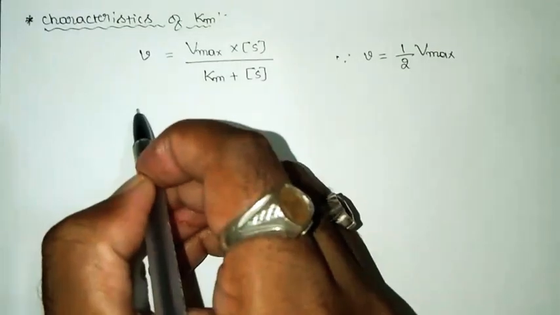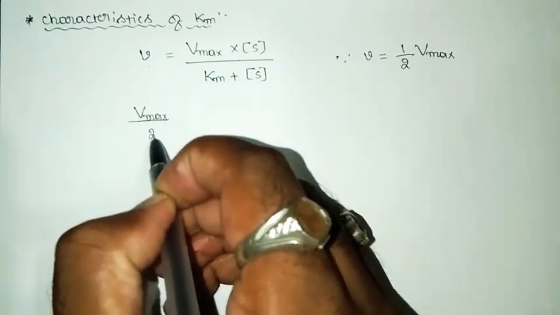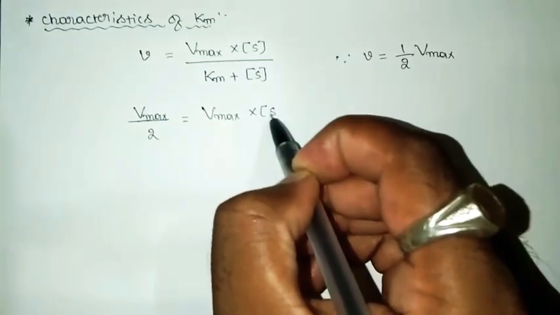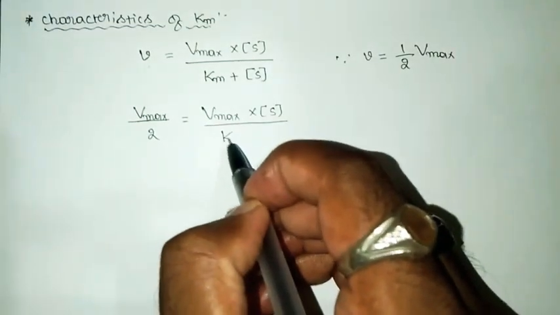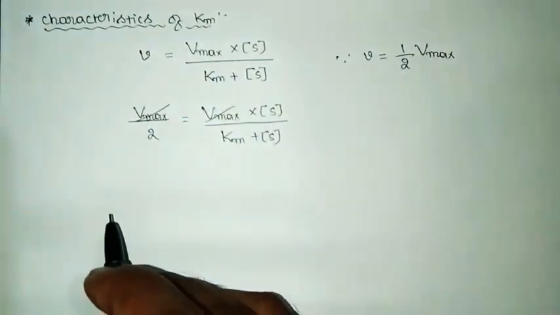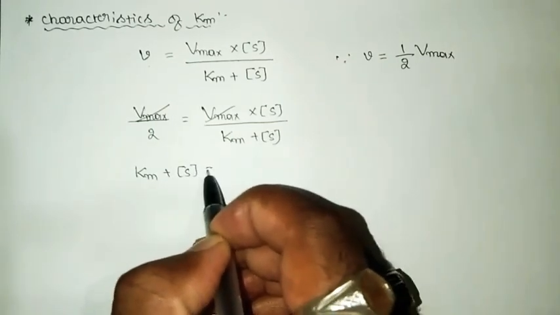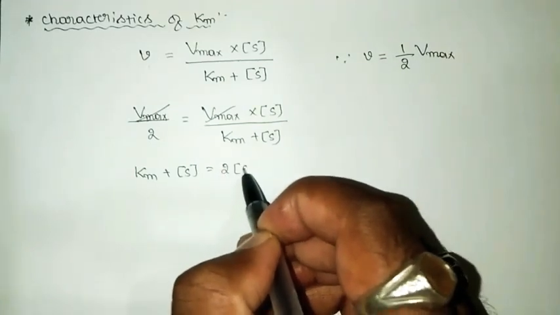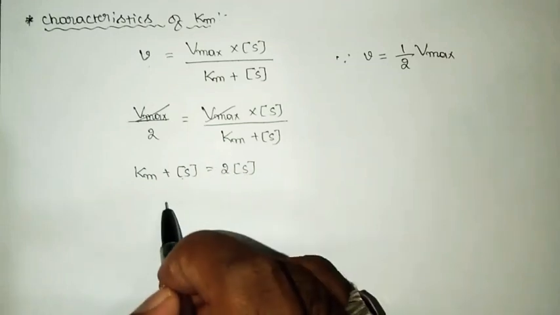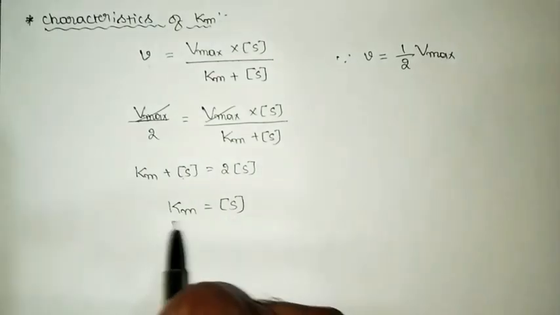So at this condition, v equals Vmax by 2, which equals Vmax into S by Km plus S. Vmax will get cancelled and the equation becomes: Km plus S equals 2 times S, or else when S comes to this side it becomes negative, so Km equals S.